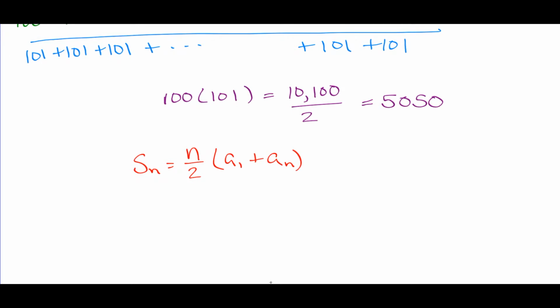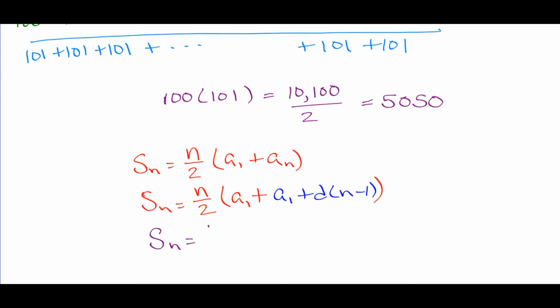Also remembering that we have a formula for a sub n, I can rewrite this formula: s sub n equals n over 2 times a sub 1 plus a sub n, and then plug in the explicit formula for a sub n, which is a sub 1 plus d times n minus 1. If we simplify that, the finite summation s sub n is n over 2 times 2 a sub 1 plus d times n minus 1.